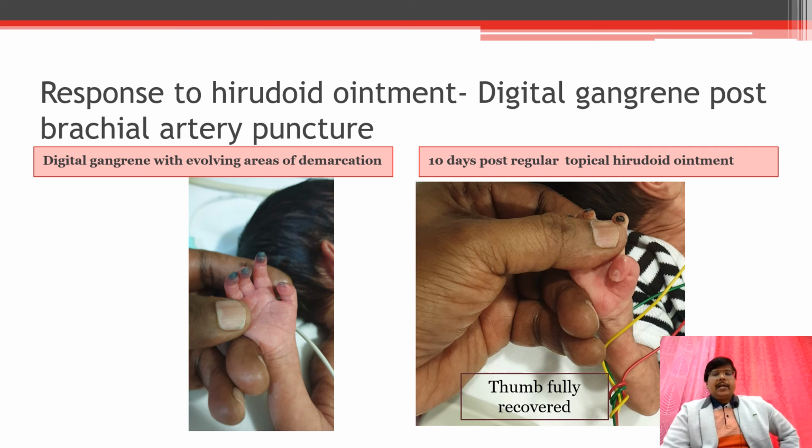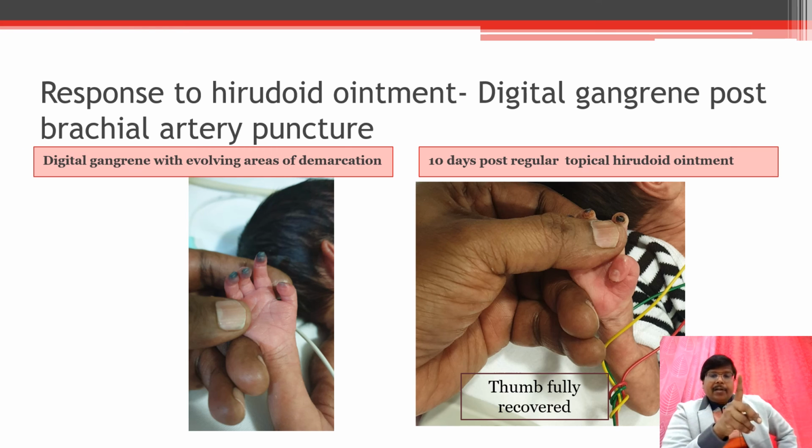This happened when some inexperienced personnel, without knowledge of a superior or a senior person, did sampling from the brachial artery. Within 12 hours, we observed these distal effects, low perfusion, and this baby even had a nerve drop, wrist drop like things.